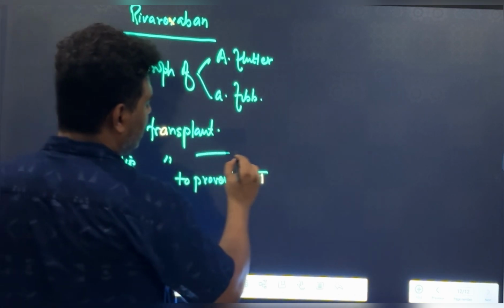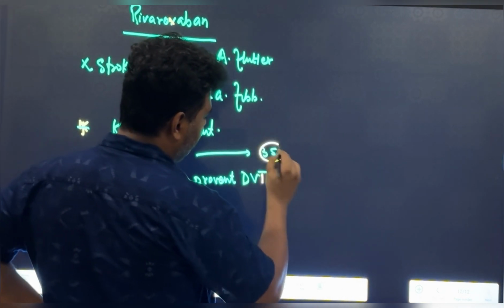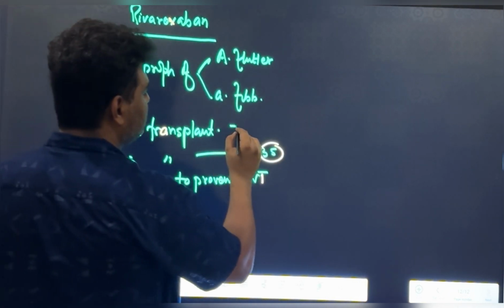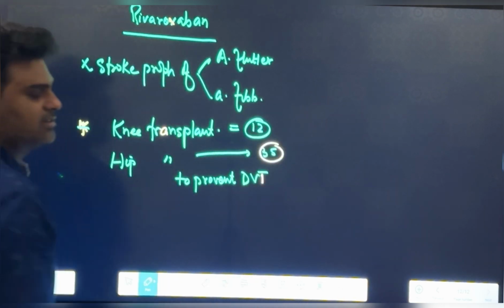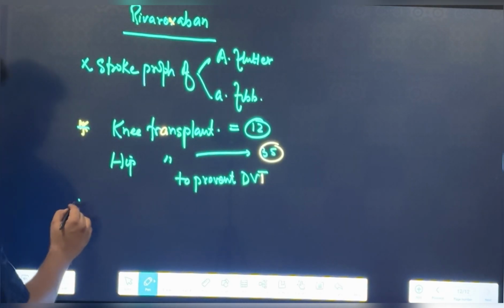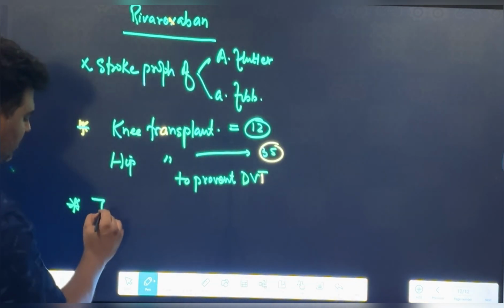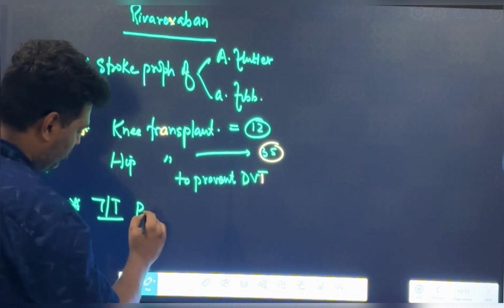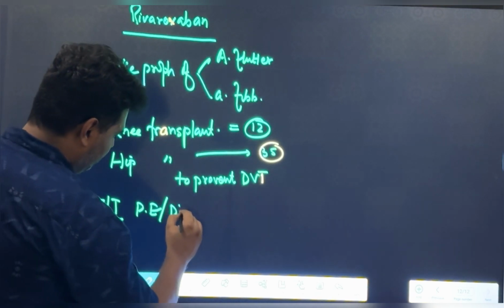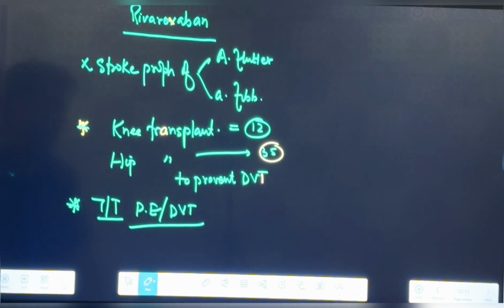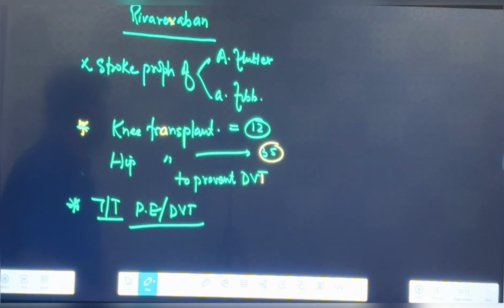After hip replacement, it is given for 35 days, and after knee replacement, it is given for 12 days. It is also given as a treatment of pulmonary embolism or DVT. And here, please remember, unlike dabigatran, no bridging therapy is required.